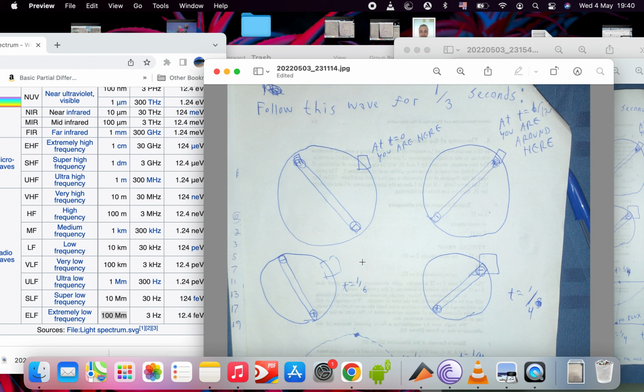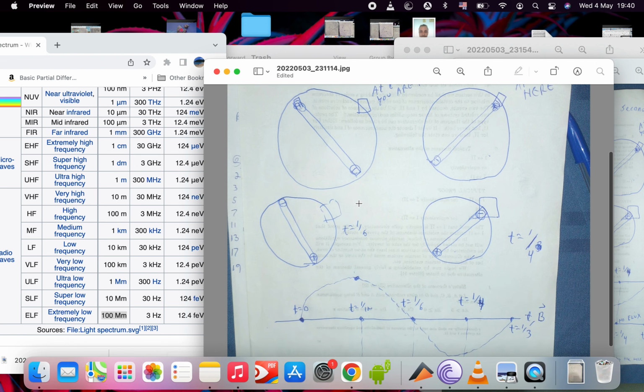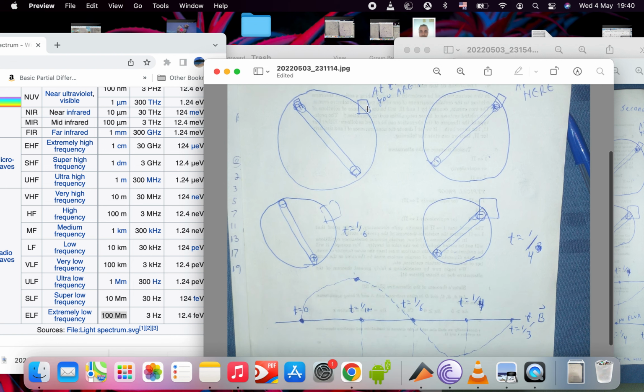Now, on this picture over here, we are going to start right there. And what we're going to observe is that, if anything, the horizontal component of the field from this plus sign is canceling out the horizontal component from this minus sign.